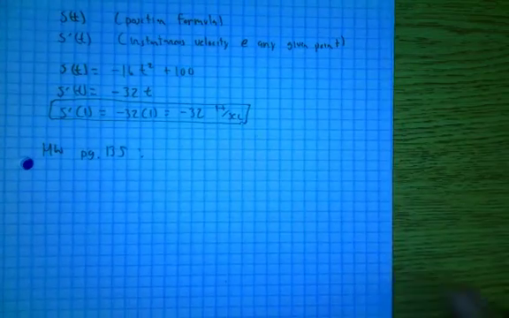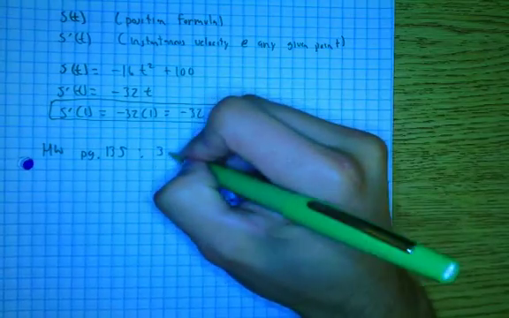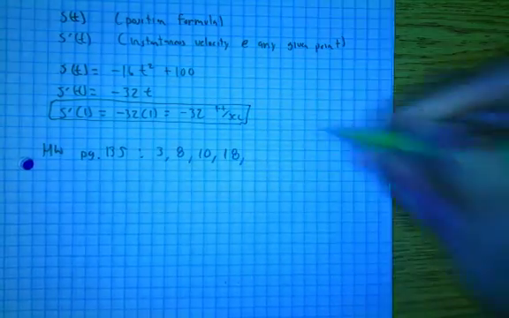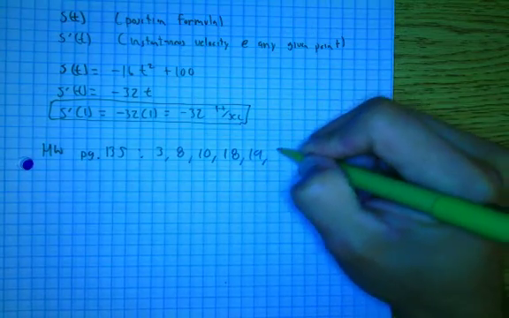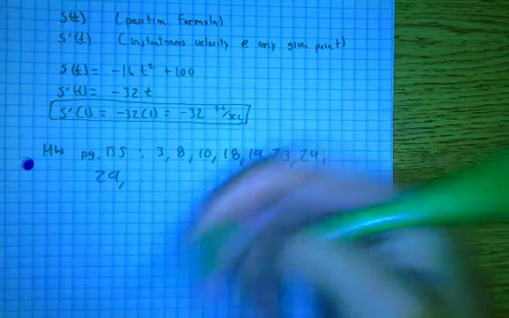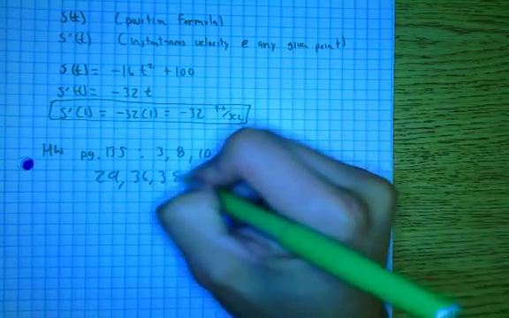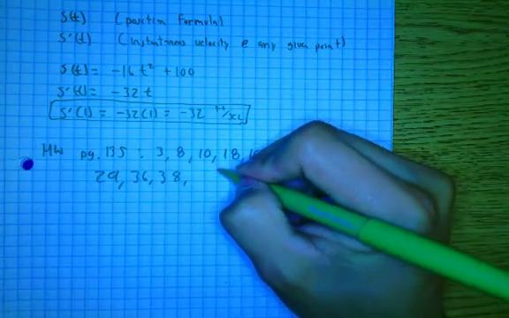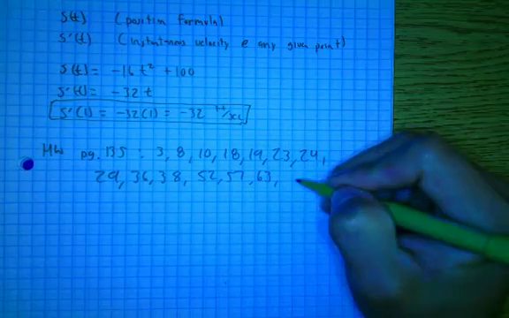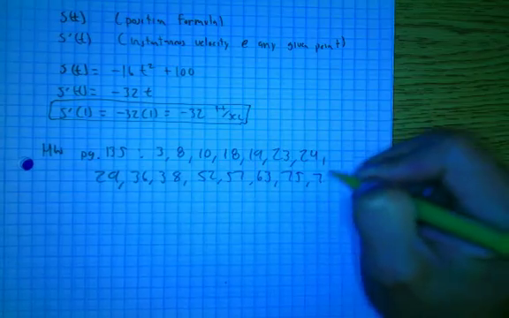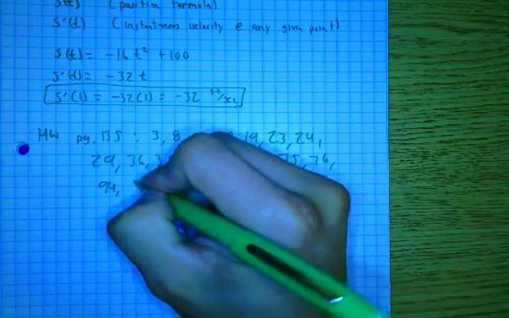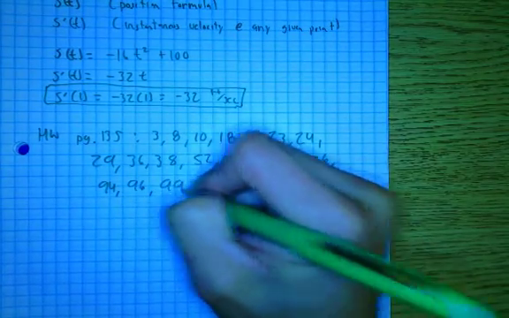It's quite a bit, but it's actually very simple. 3, 8, 10, 18, 19, 23, 24, 29, 36, 38, 52, 57, 63, 75, 76. Oh my God, he's still going. 94, 96, and 99.